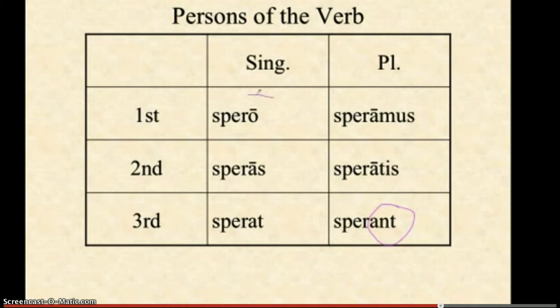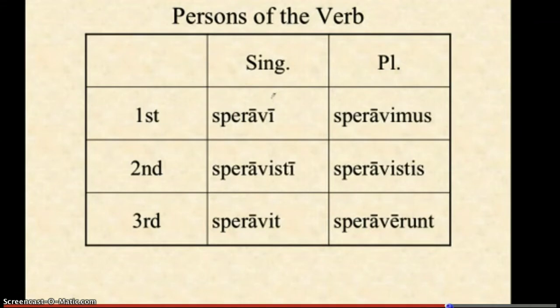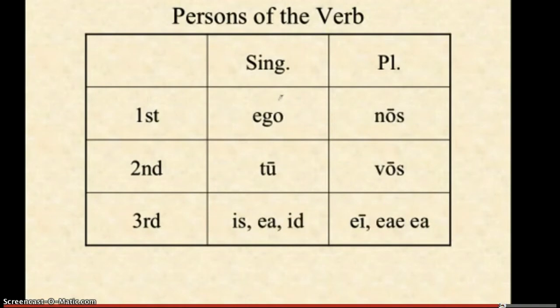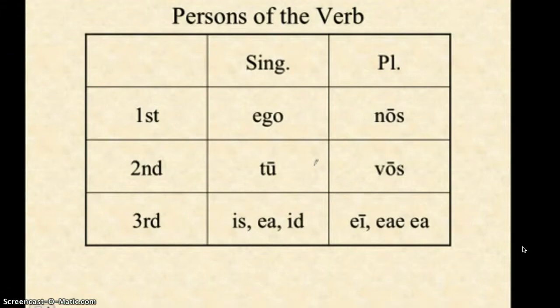The answer will be o. But it's different. And with the pronouns, if I ask you, what is the second person singular pronoun? The answer, tu. And the first person plural pronoun is nos.